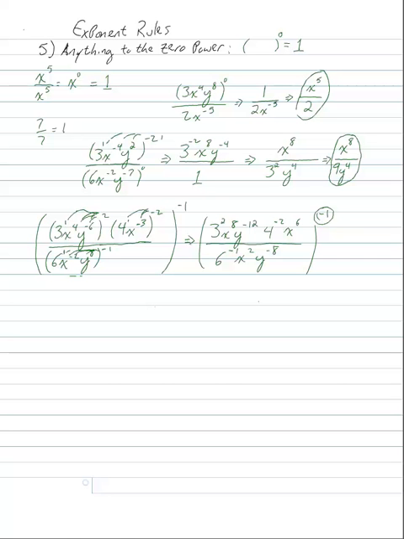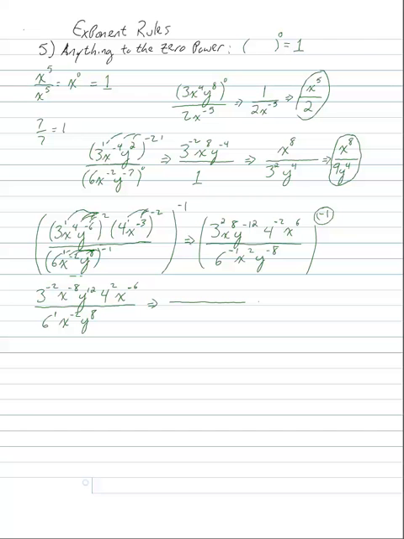So I'll get 3 to the negative 2, x to the negative 8, y to the 12, 4 squared, x to the negative 6, over 6 to the positive 1, x to the negative 2, y to the 8. Okay, so I'm out of all parentheses, and we didn't have to do that right then. We really could have simplified inside the parentheses a bit, but it's not really going to change much either way.